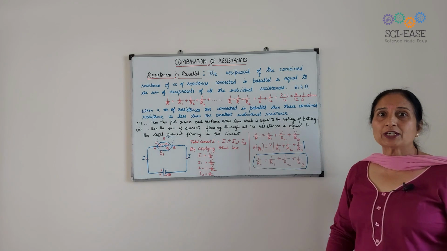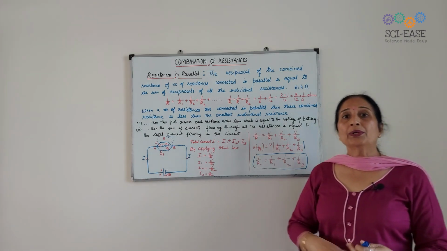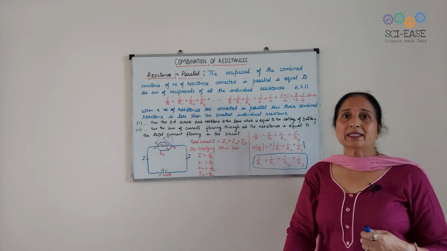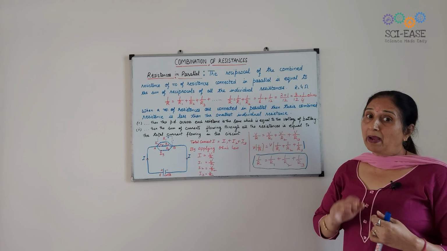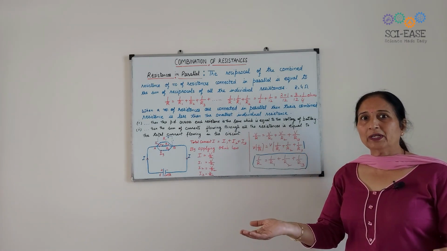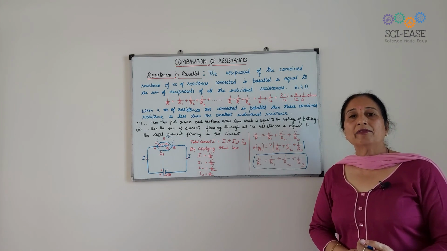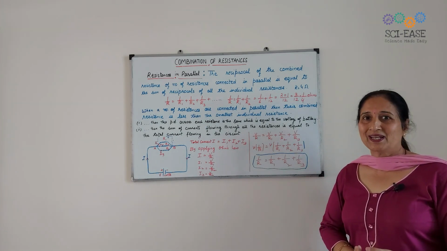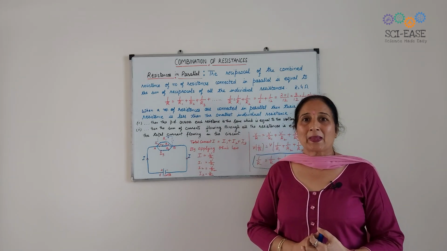So many expressions are there in this chapter. So write all these expressions on one page and memorize them. Whenever you open the book, go through them repeatedly and they will be on your tips. So I will come with the next video.